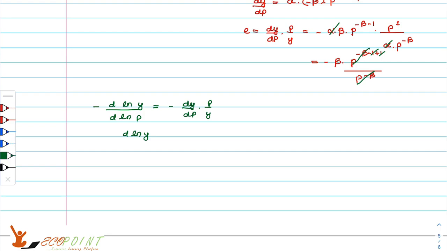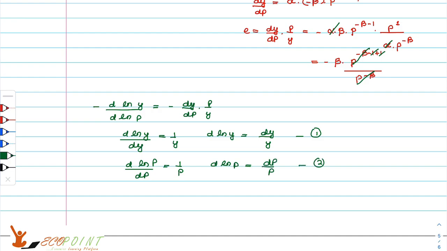So what is d log y? If you differentiate log y with respect to y, you get 1 upon y, so d log y is dy upon y. Similarly, if you differentiate log p with respect to p, you get 1 upon p, so d log p is dp upon p.